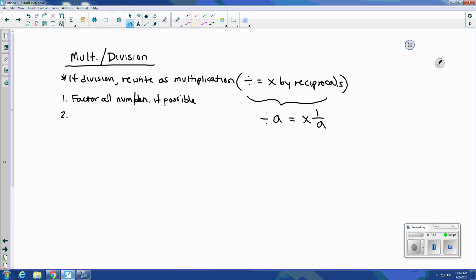Then, once you have everything factored, make cancellations. Remember, diagonal cancellations are allowed in a multiplication problem. We can't make horizontal cancellations.